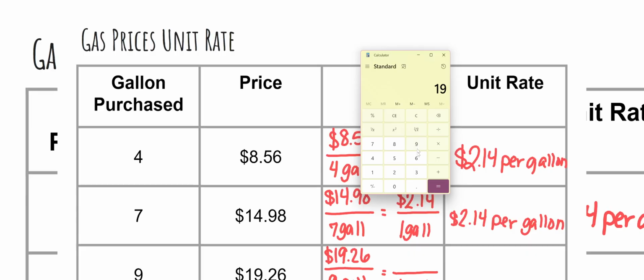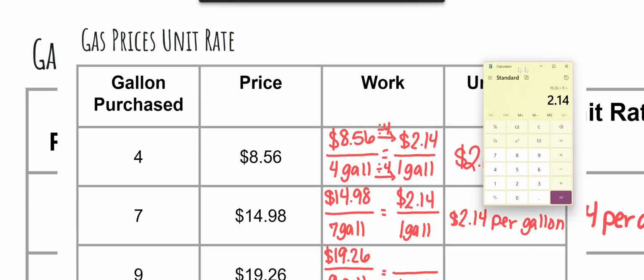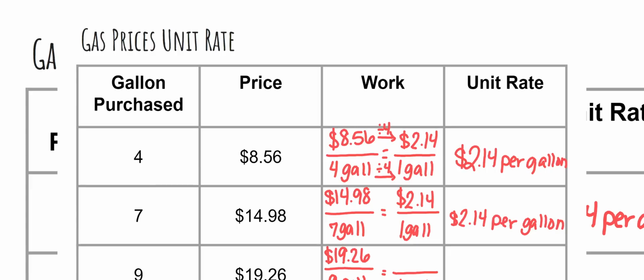So we're going to say 1926 divided by 9 gives me that 214 again. This must all be the same gas station, it looks like. 214, and again my unit rate is $2.14 per gallon. Okay, make sure you guys have this written in your notes as well. Remember, we're writing this in our notebooks.